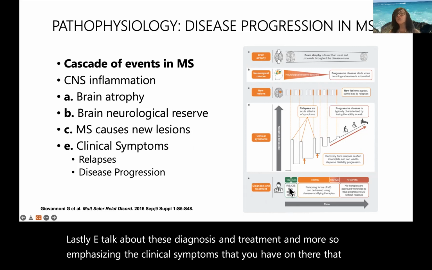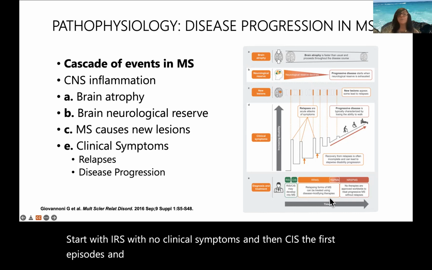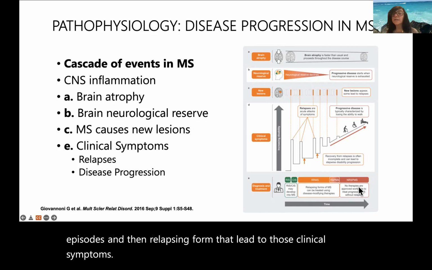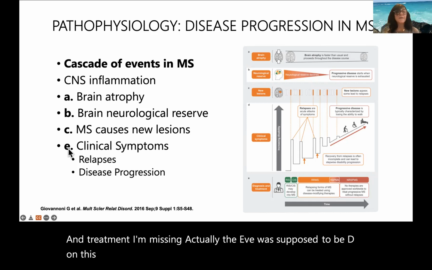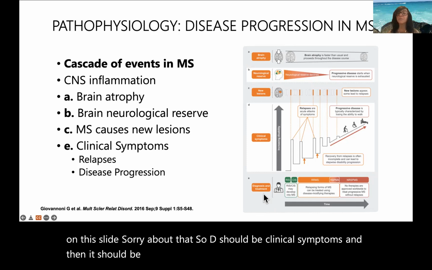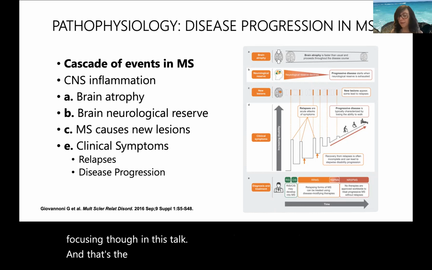Start with RIS with no clinical symptoms, and then CIS, the first episode, and then the relapsing form that leads to those clinical symptoms, and treatment. I'm missing actually, the E was supposed to be D on the slides. Sorry about that. So D should be clinical symptoms, and then E should be the diagnosis and treatment, which I'm not focusing on in this talk. And that's the reason that I omitted it from there.